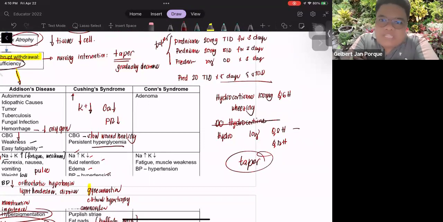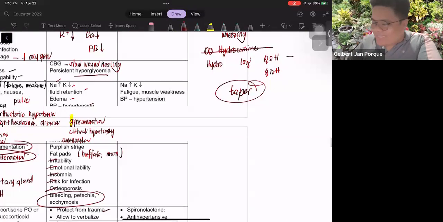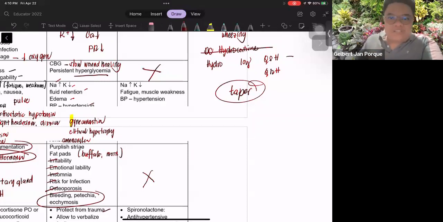Your Conn's syndrome is characterized by a problem in salt, but the sugar and sex are not affected. The manifestations are related to the excess of your aldosterone: sodium, fatigue, muscle weakness, high BP.